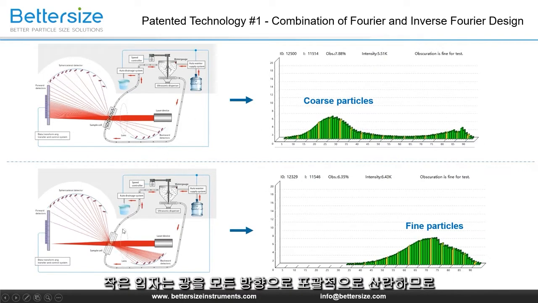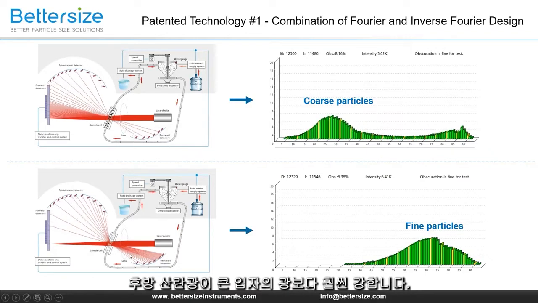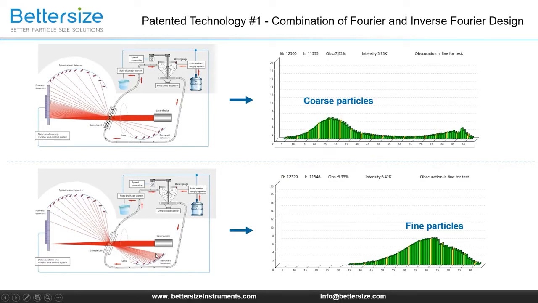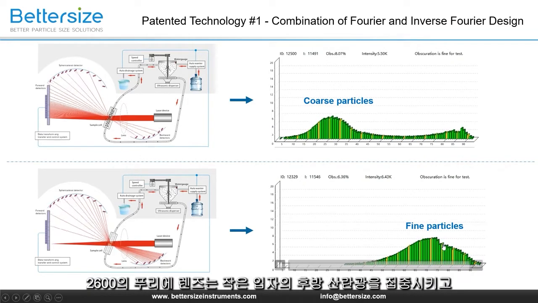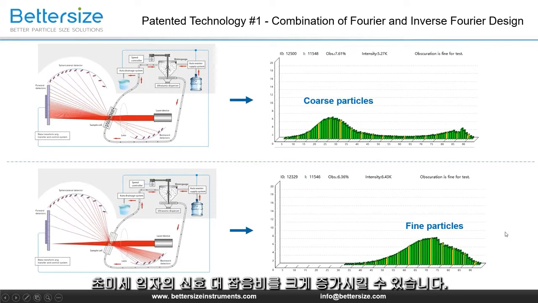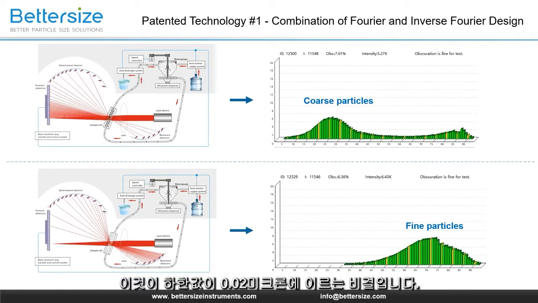Small particles scatter the light comprehensively in all directions, and therefore the back scatter light is much stronger than that of large particles. So the backward detectors have a stronger light signal. The Fourier lens of the 2600 can concentrate the back scatter light of small particles and significantly increase the signal-to-noise ratio of ultrafine particles. This is the secret of its lower limit reaching 0.02 microns.